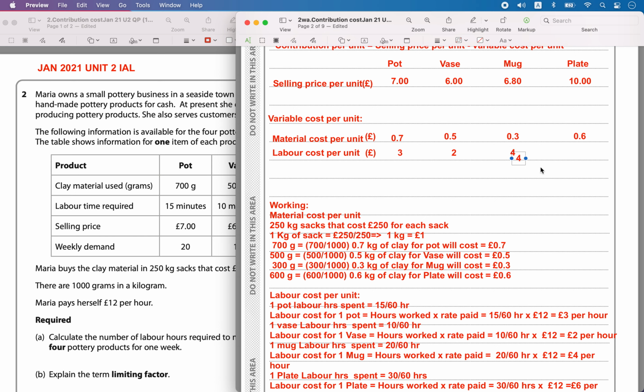The last one is a plate. She takes about 6 pounds.